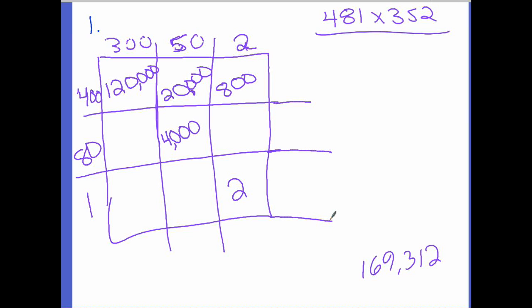And then 80 times 300 is 24, and then add the 3 zeros. And then 300 times 1 would be 3, and then add the 2 zeros. And then 1 times 50 would be 50, and then 80 times 2 is 16, and then add the 0. And then you're going to add these up.